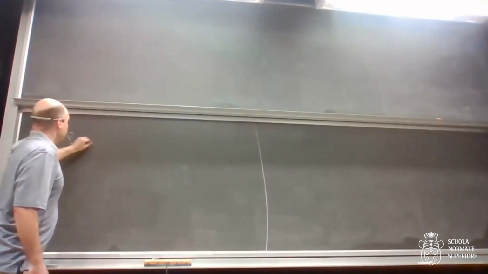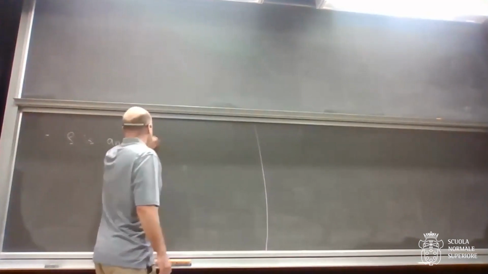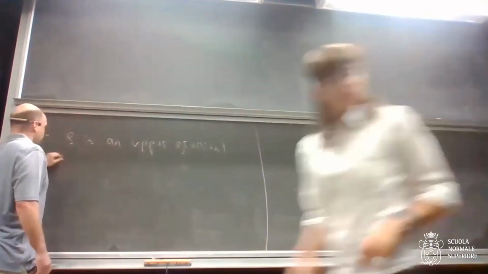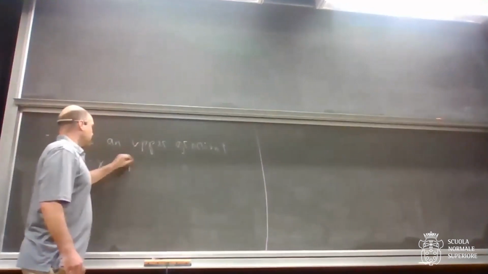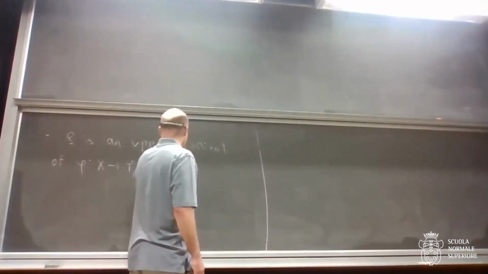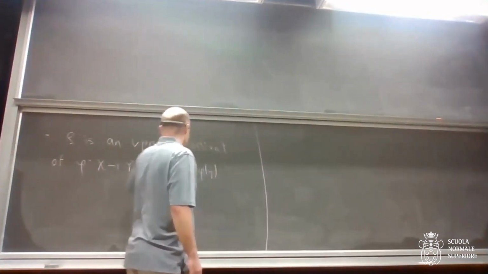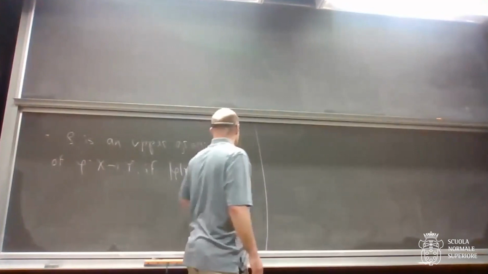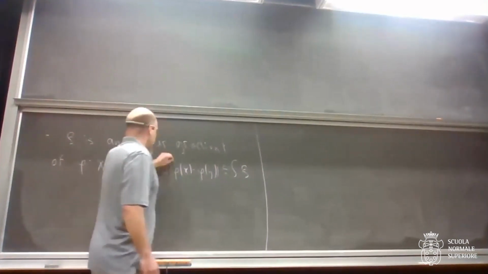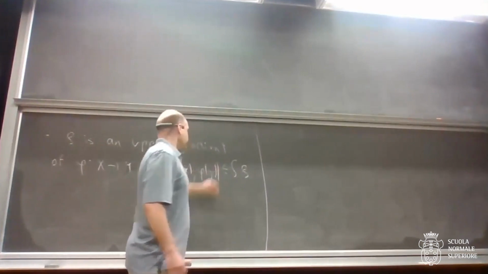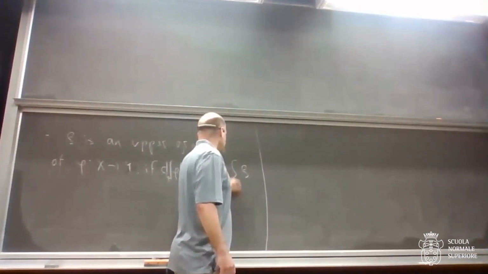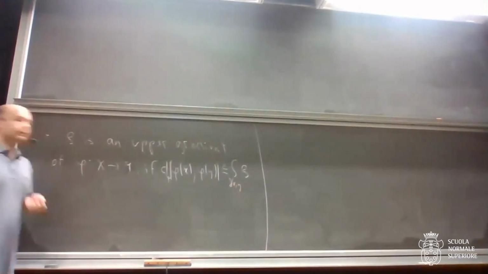So rho is an upper gradient of a map phi, which has been defined a couple of times already, if the distance between phi of x and phi of y is at most the integral of the function rho over any path gamma_xy that joins x and y.